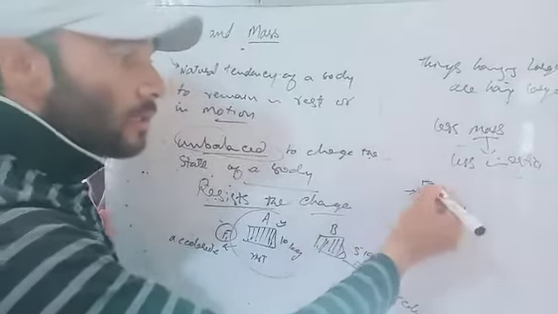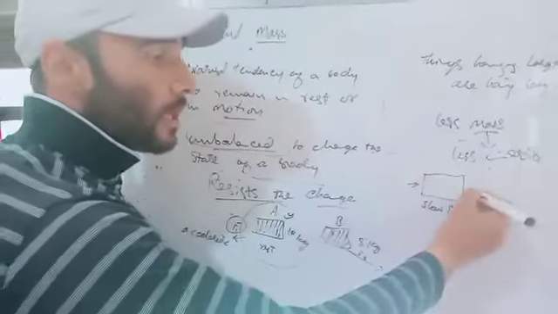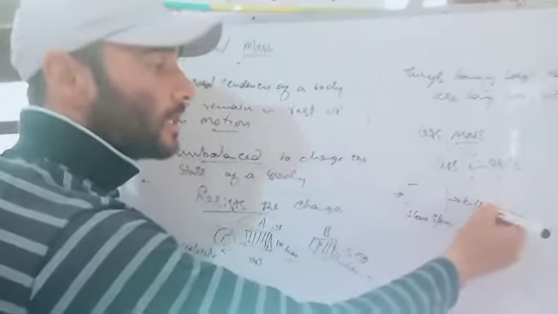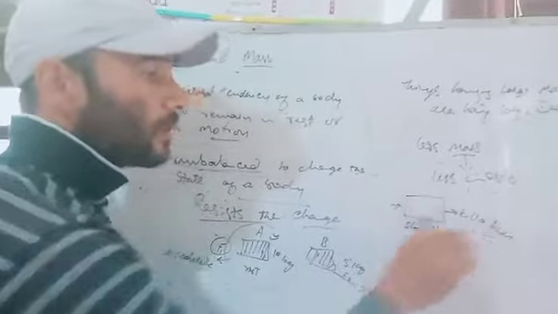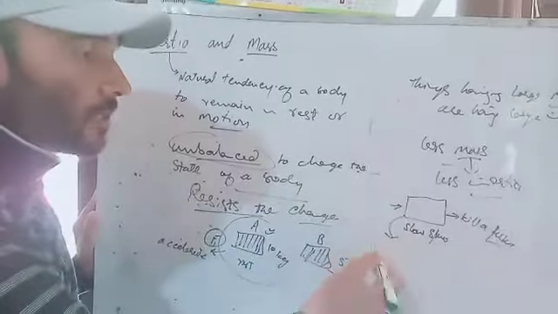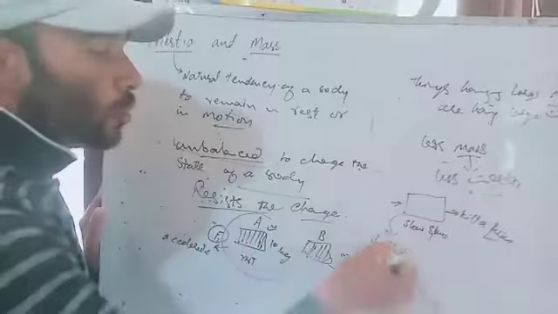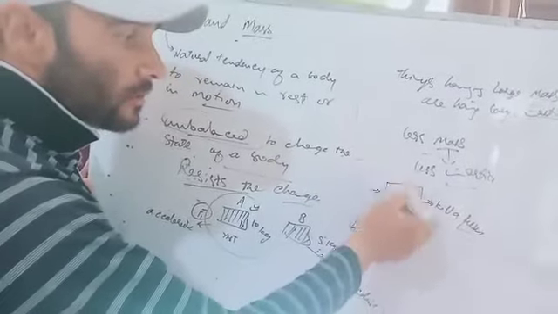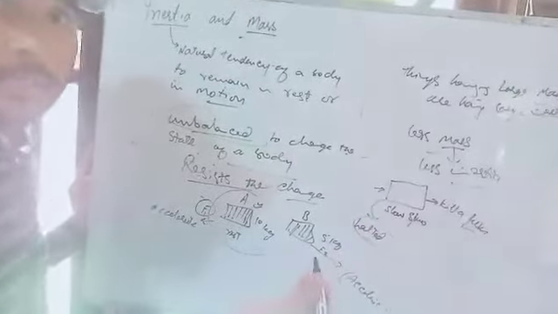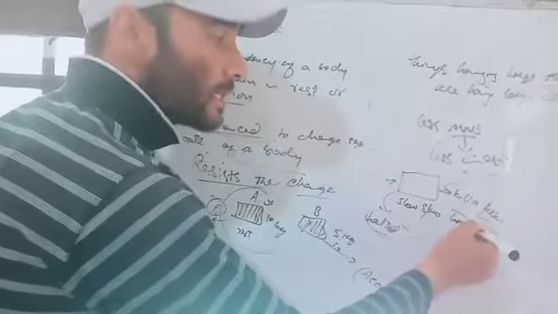If a truck moves with a slow speed, it can kill a person, but if that truck is halted on the road, there is no worry about it. That means the truck having large mass kills a person even with less speed.